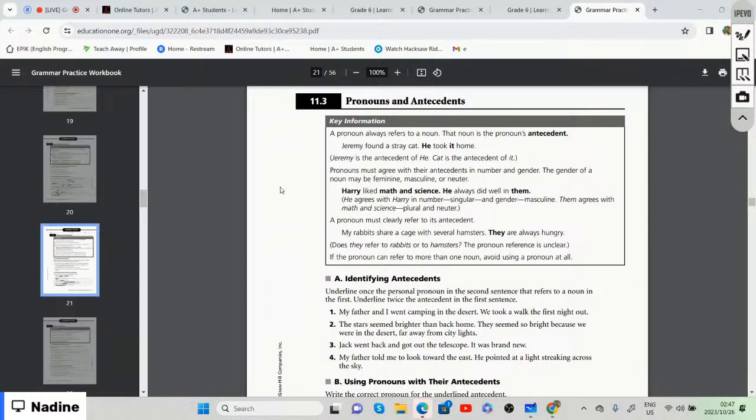And that noun, the thing that we're making mention of, we call the antecedent. And the pronoun needs to agree with, refer to, or represent the antecedent.